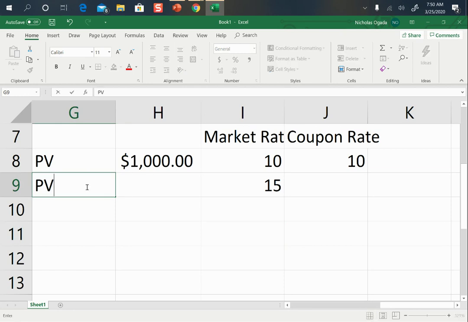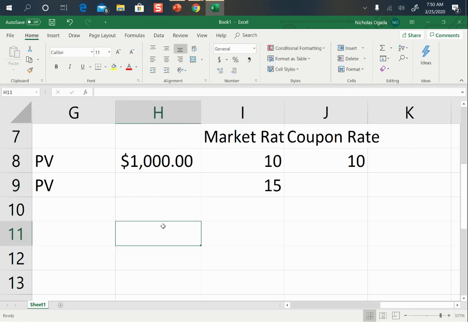Again, it will be the present value of the coupon payments and of course the present value of the face value. In this example, remember, everything else remains the same.